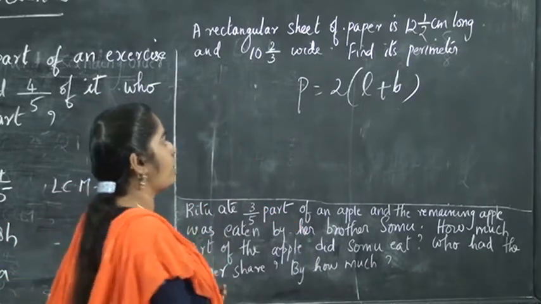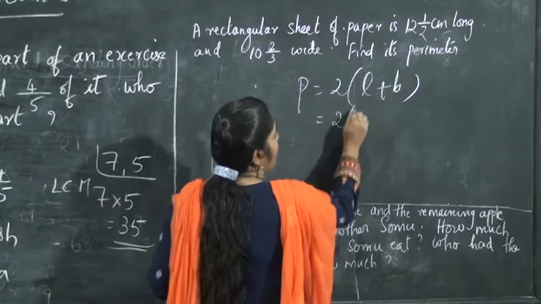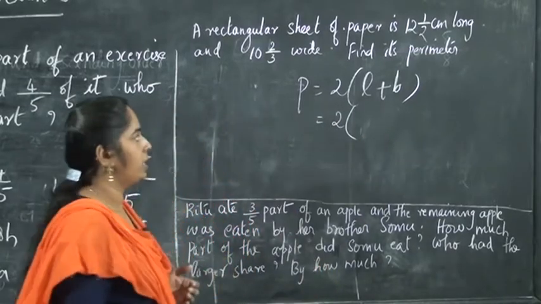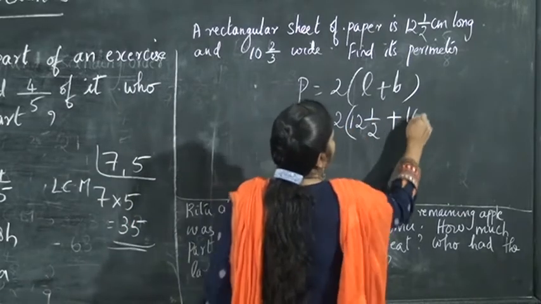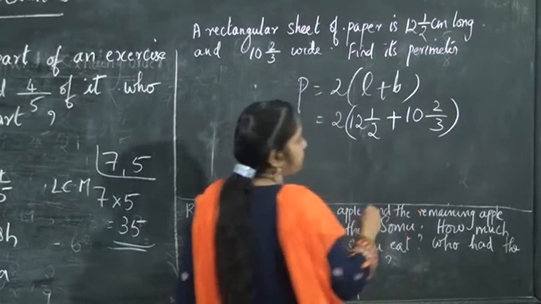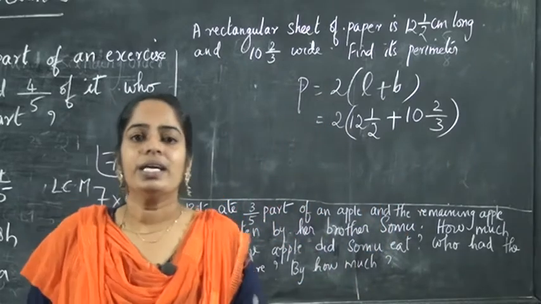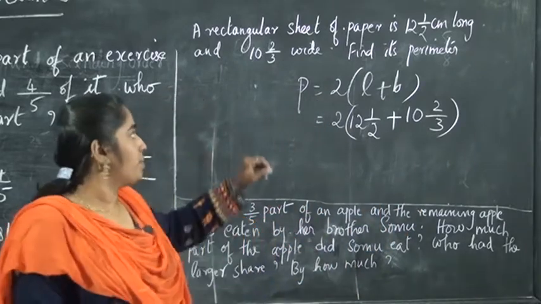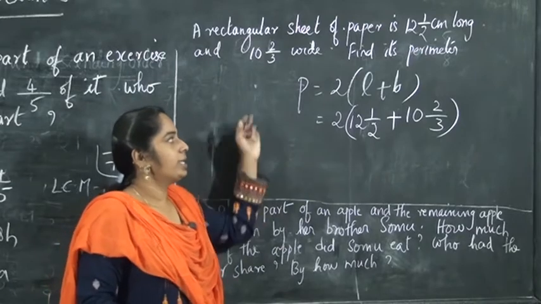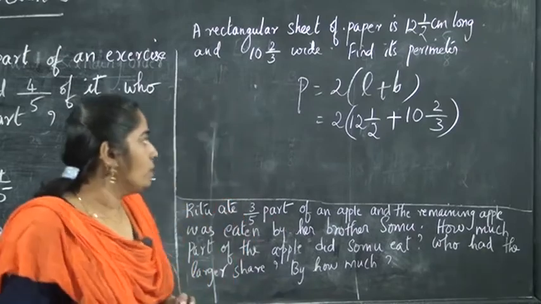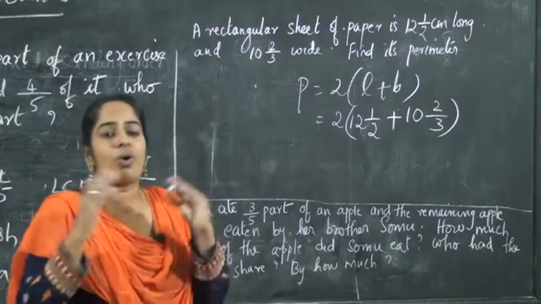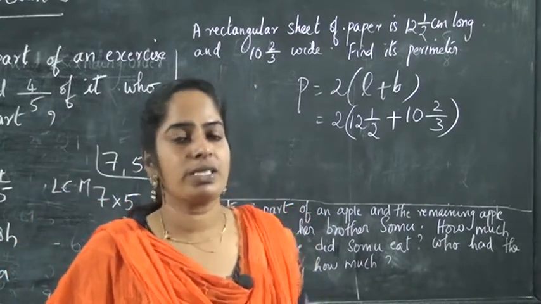So how will you find out that problem? 2 into L plus B. What is L here? L is 12 1 by 2 plus B is 10 2 by 3. Instead of length we must write 12 1 by 2 and instead of breadth we must write 10 2 by 3. So how will you find this? We all know that what is inside the bracket you must solve first.